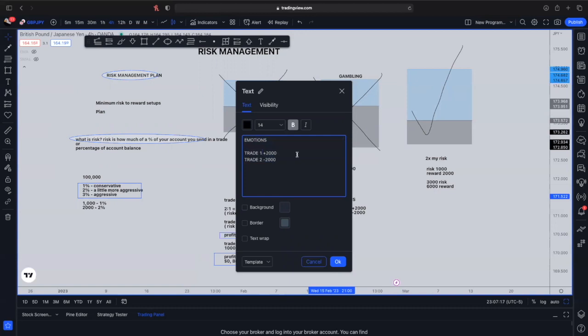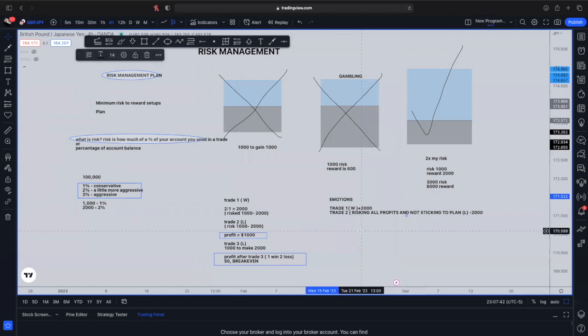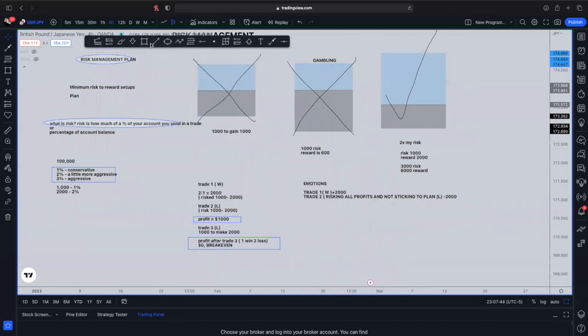So if trade 1 we win, and I hope you guys are following along, I hope I'm really making sense. Just rewind. Trade 2, we lose, risking all profits and not sticking to plan. This is what usually happens with people who don't follow risk management.